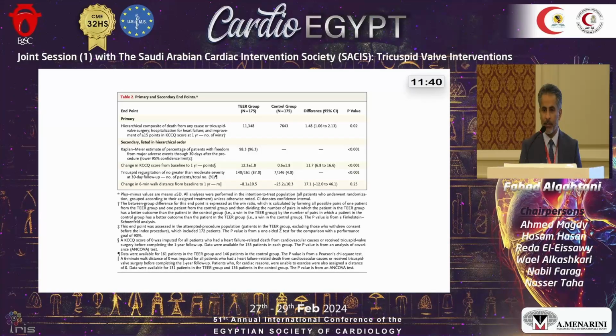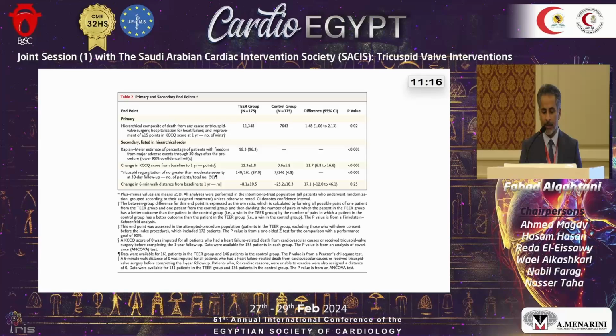And coming to the primary endpoint, it was a composite endpoint using the win ratio. It includes a hierarchical composite of death from any cause, tricuspid valve surgery, hospitalization for heart failure, and improvement of more than 15 points in the Kansas City score at 1 year. And the win ratio was 1.48, reaching clinical significance.